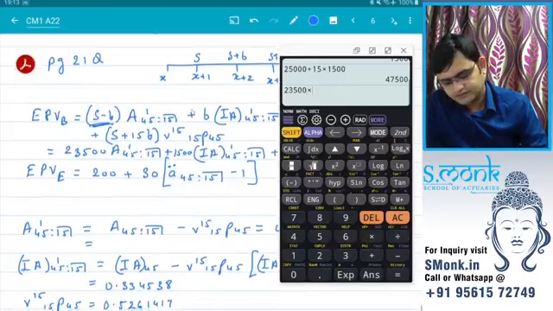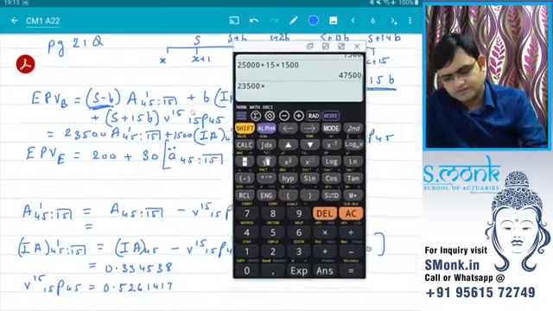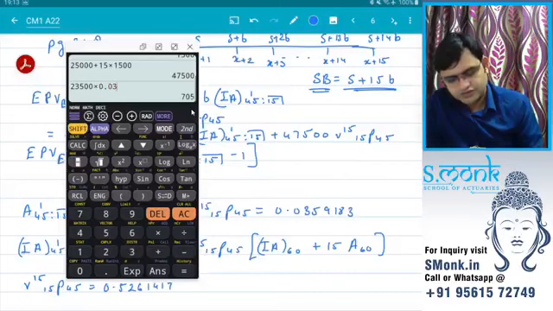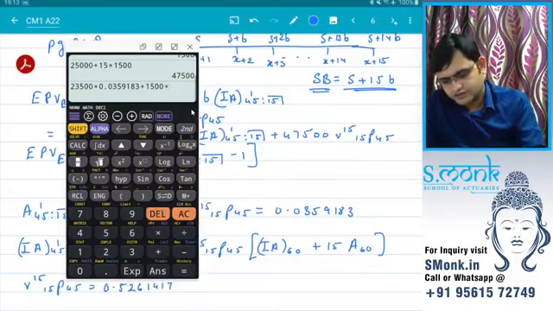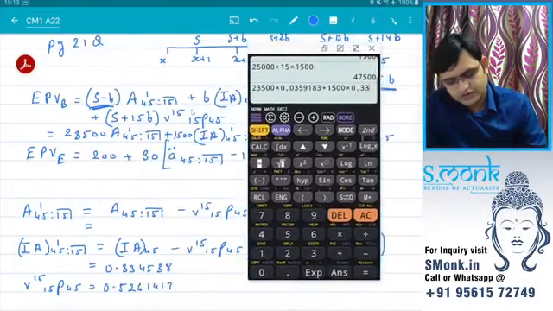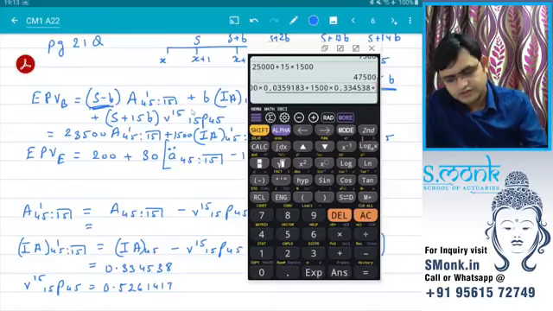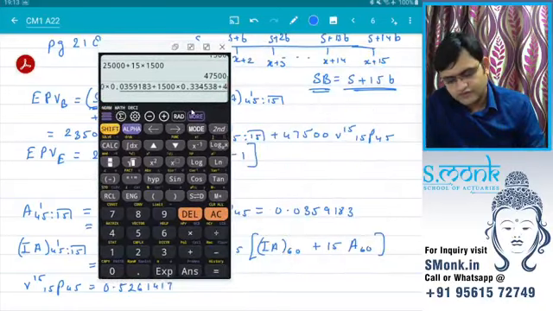23500 into 0.0359183 plus 1500 into, what is the increasing value, 0.334538 plus 47500 into 0.5261417.